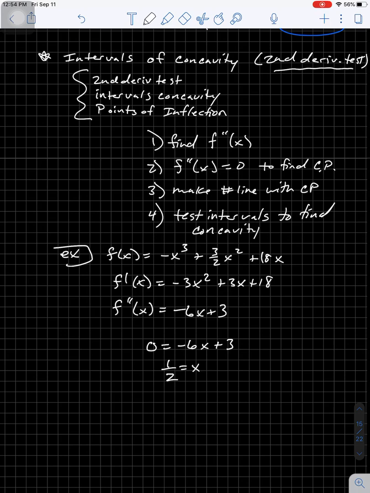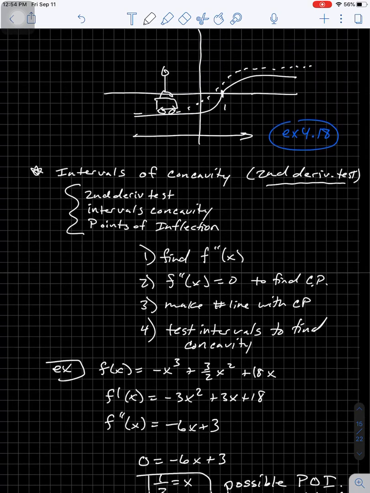Okay, now, just like up in the first derivative test, these critical points are your min-maxes. This is where we get our points of inflection, but these are possible points of inflection. I write POI for points of inflection, okay? Just like, let's look at the previous problem.